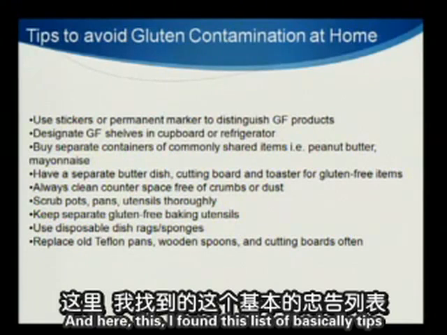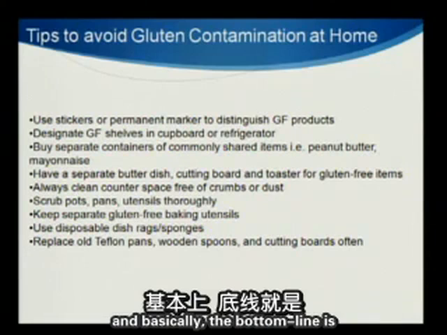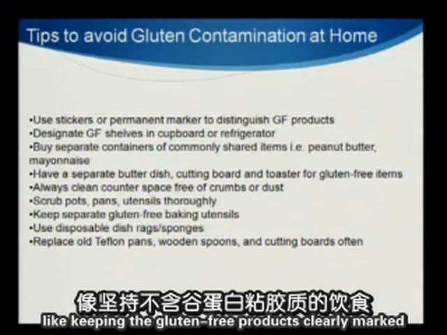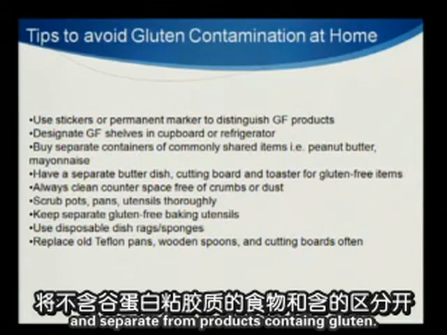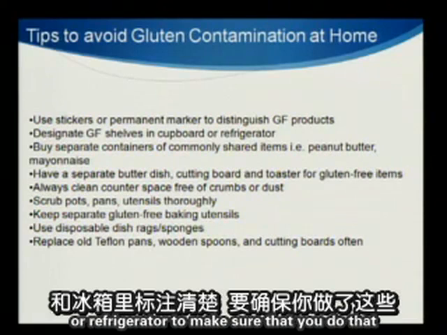And here, I found this list of tips to avoid cross-contamination with gluten at home. Basically, the bottom line is keeping the gluten-free products clearly marked and separate from products containing gluten. So we suggest designating shelves in a cupboard or refrigerator to make sure that you do that.